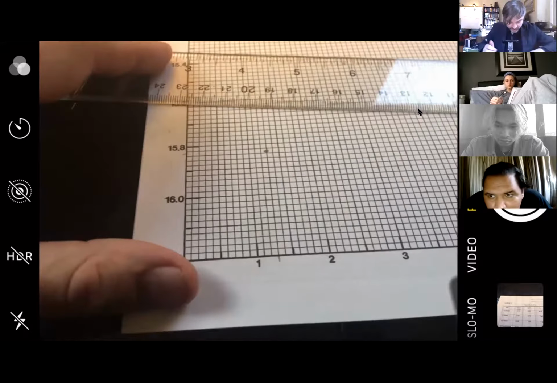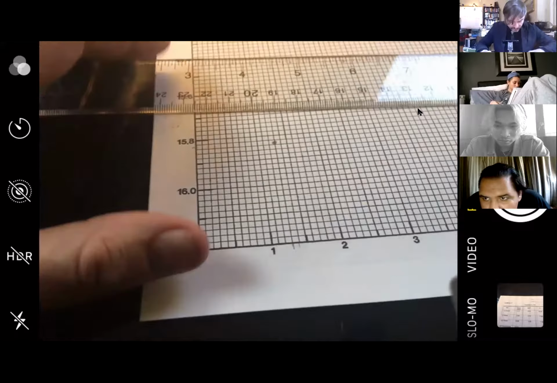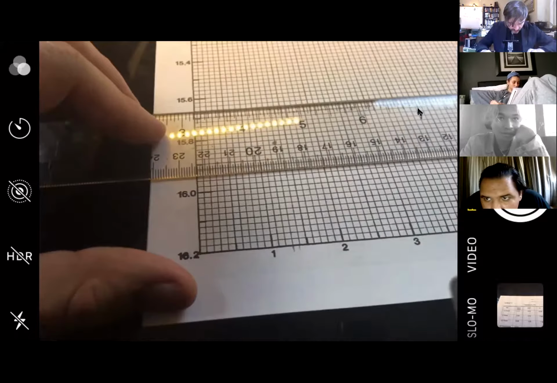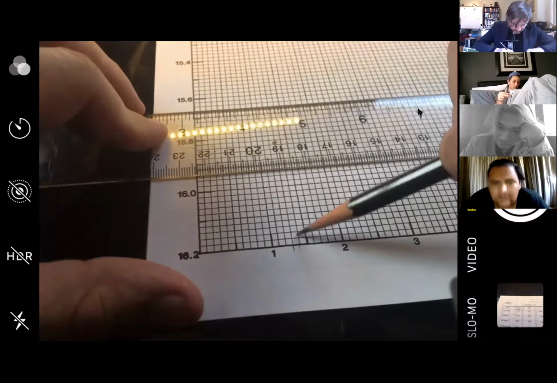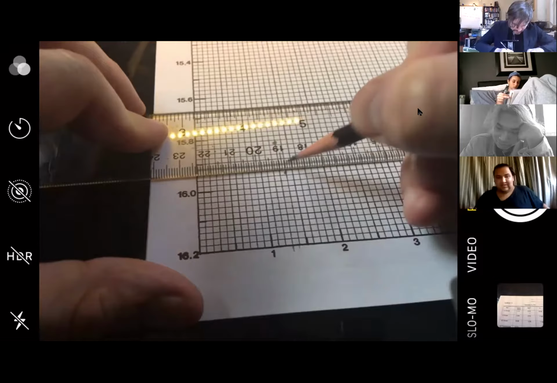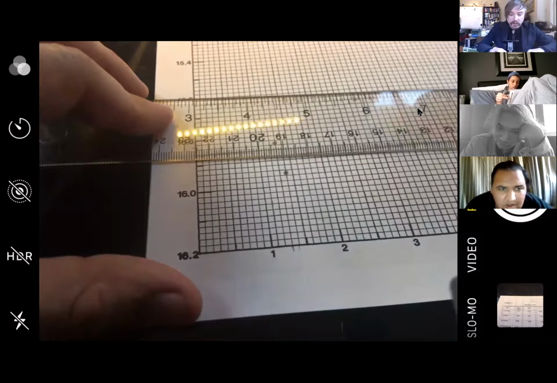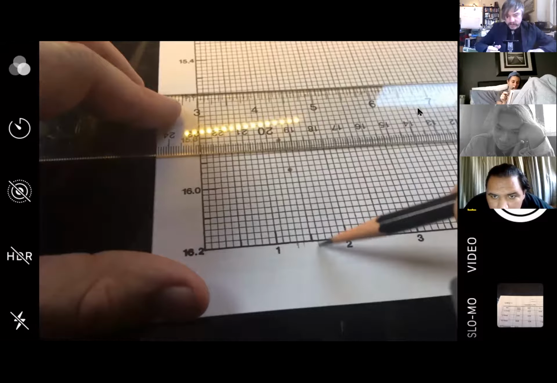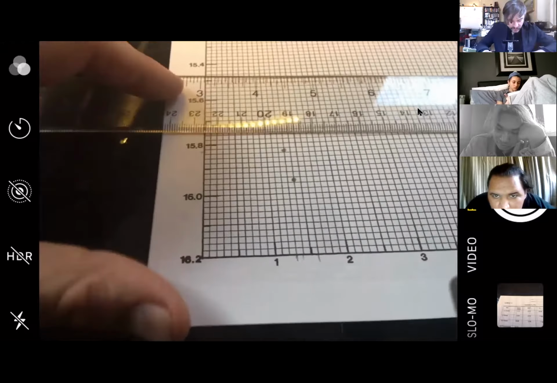1.4 and 15.95. Here is 1.4, and 15.92, 94, and 95 will be just below 94. Halfway in between, bam. That's 15.95. Now we're at 1.6 and 15.59. This is 1.5, this is 1.6. 15.59, we have to zoom up.